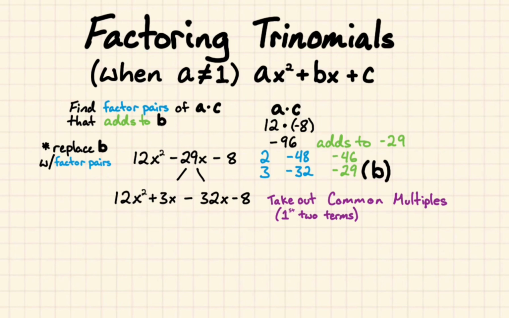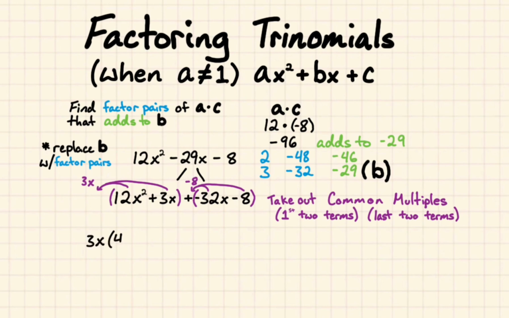So I can take a 3x out. If you have a subtraction between the first two terms and the second two terms, you're going to want to change that subtraction to adding the opposite. So you change that to adding negative 32x, and then you're going to factor the last two terms. And I see that both of these can be divided by negative 8.